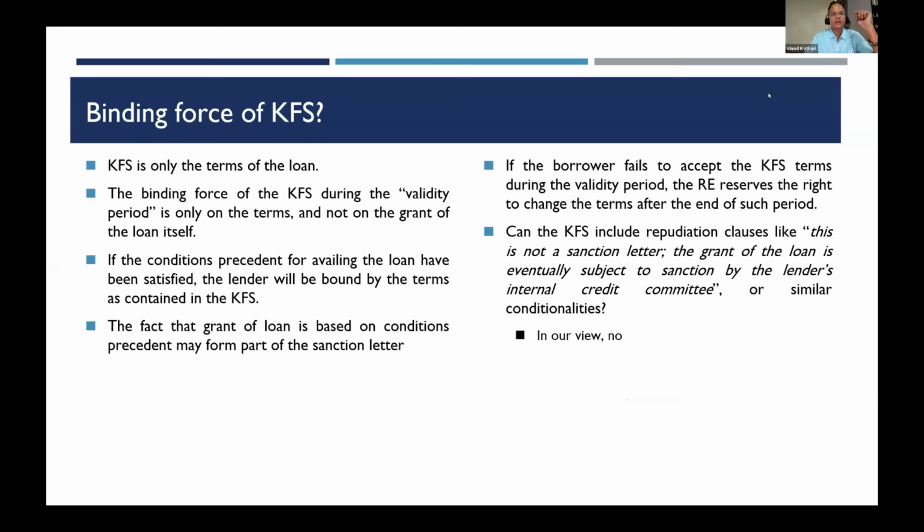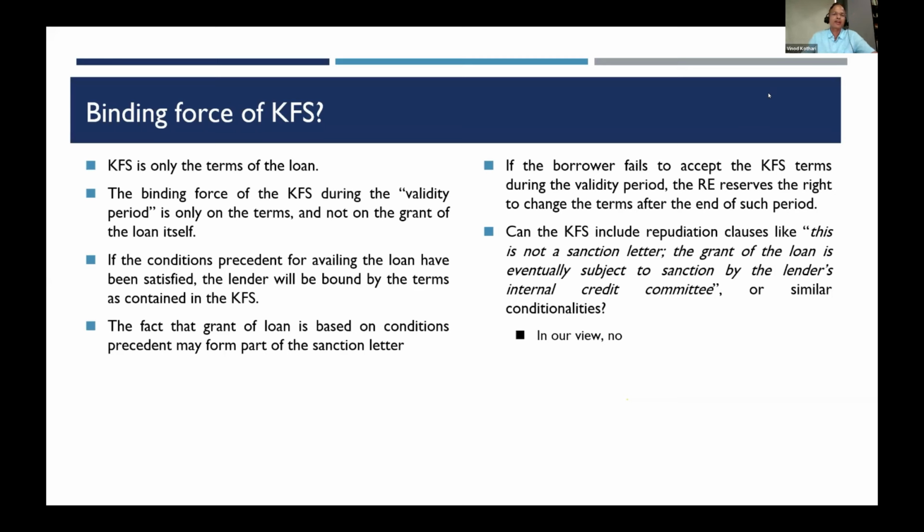But to say that I haven't sanctioned, but I'm still issuing KFS, that seems a little self-conflicting. To my mind, yes, you are not forced to disburse. But have you agreed to lend? I would say yes, because when you issue the KFS, all internal approvals would already be in place.